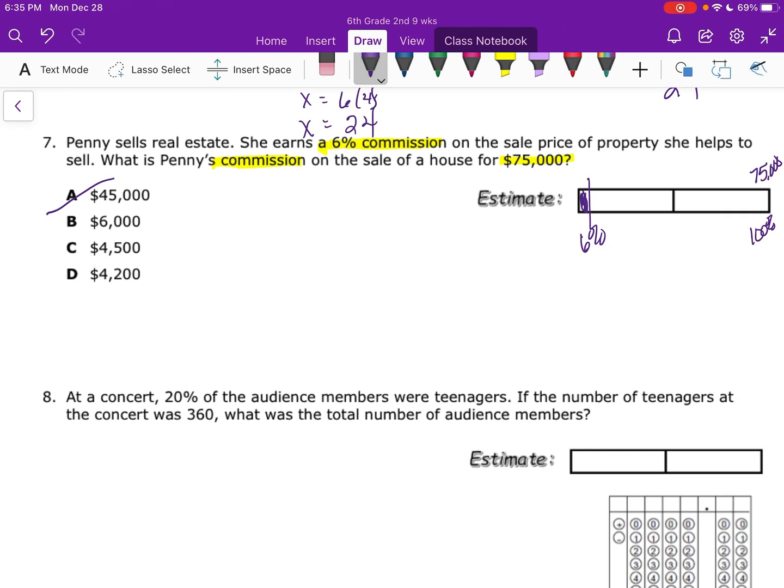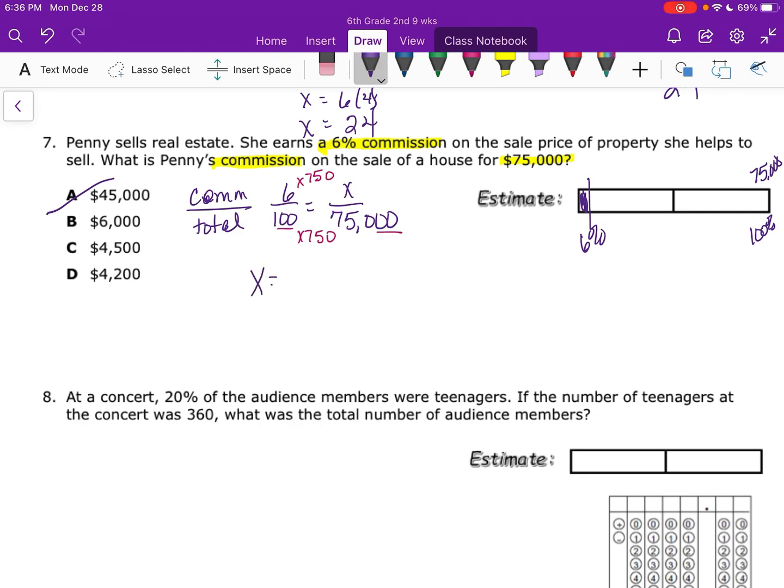All right, so let's go ahead and set up our proportion. So it's commission to total. So it's 6%. So 6 per 100 equals X over 75,000. Okay, so 2 zeros, right? So 100 times 750 will give us, whatever we do to the bottom, we have to do to the top.